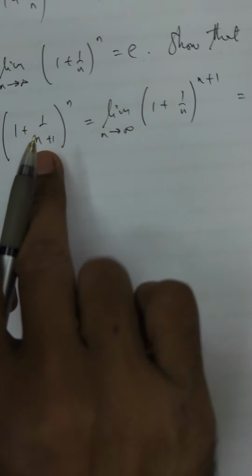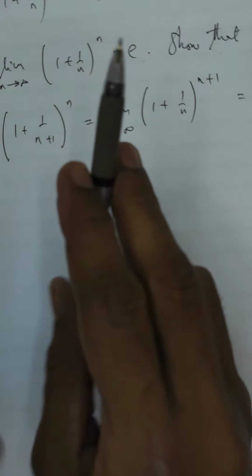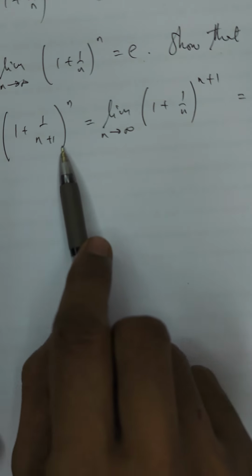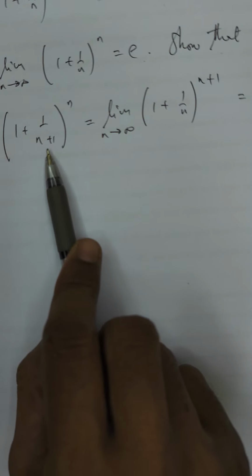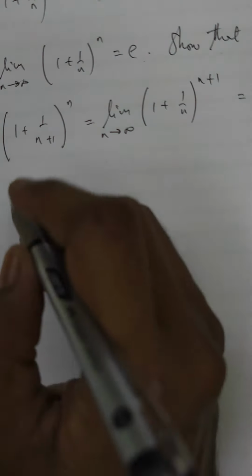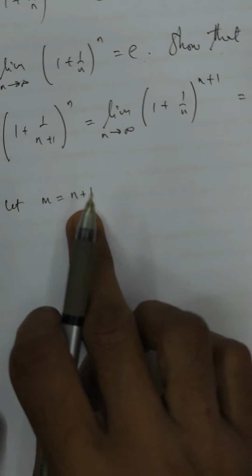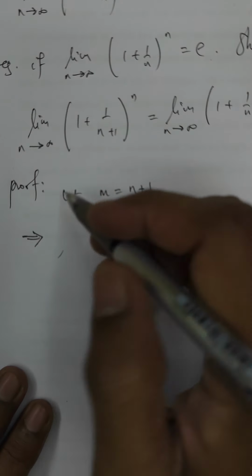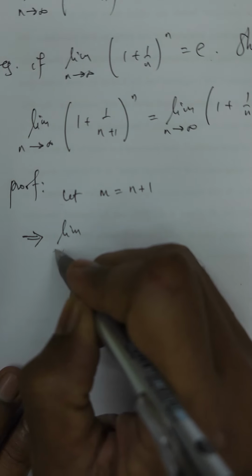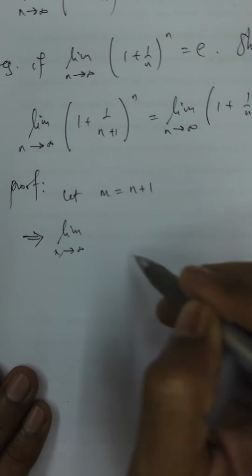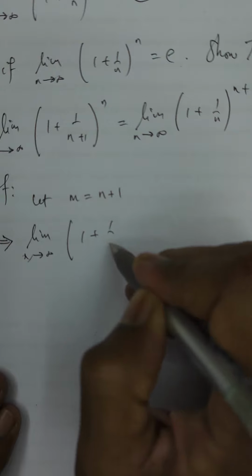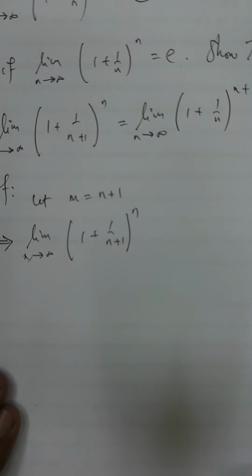Now first, for that, we have n plus 1. In this case here, 1 over n. So just the same, if I take n plus 1, we consider another symbol. Let's say let m equal to n plus 1. So if I do this, then what we have is the limit as n goes to infinity of (1 plus 1 over n plus 1) to the n.